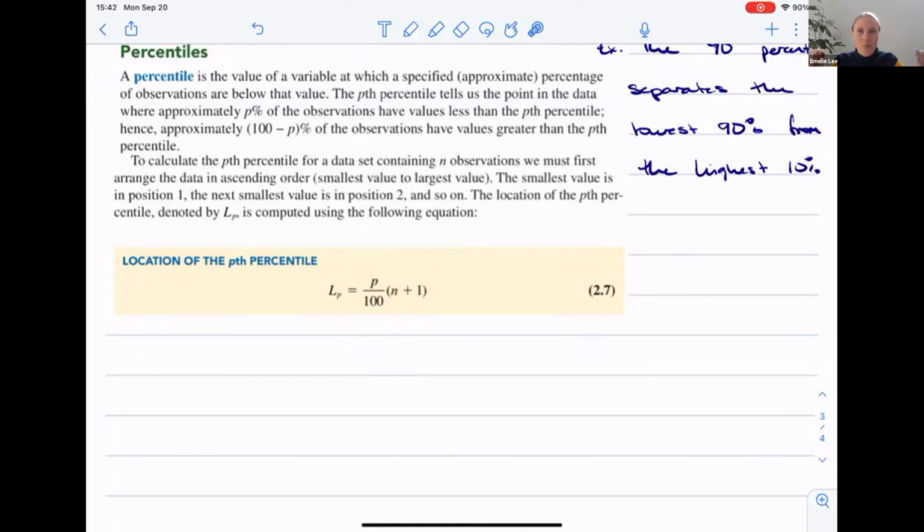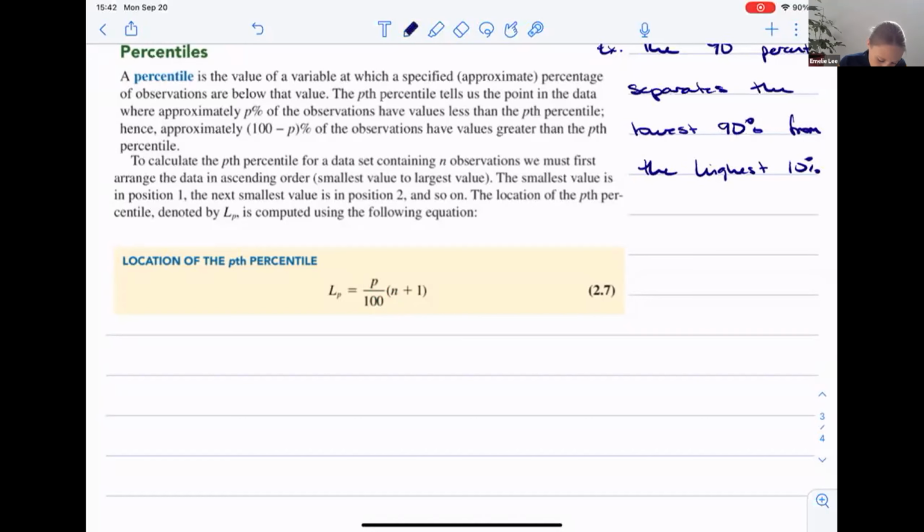We can play it out, but we're not going to do it by hand. Then we multiply by P, which is our percentile over 100. So if we want the 90th percentile, we would do 90 divided by 100, which is 0.9, times however many data points we have.